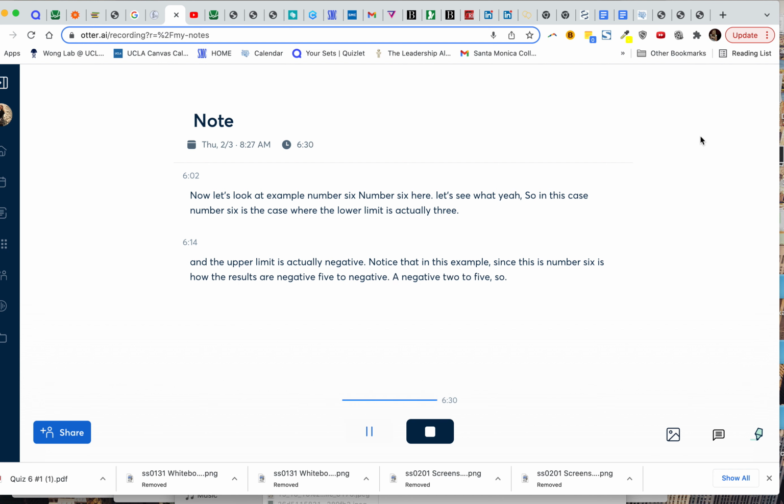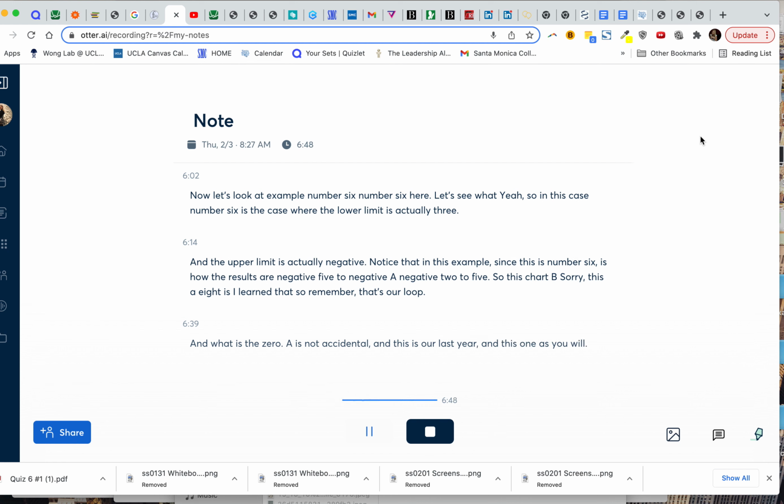So this is our B, this is our A. A is our lower limit. And what is our x0? This A is our x0. And this one, as you will see, is going to be weird. And this minus 5 is our B, and B is our upper limit.